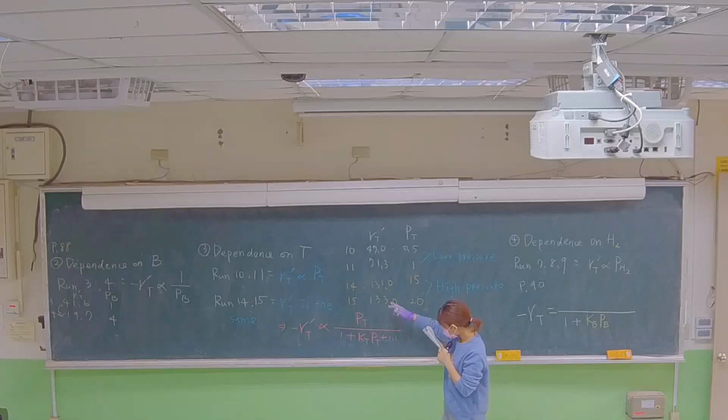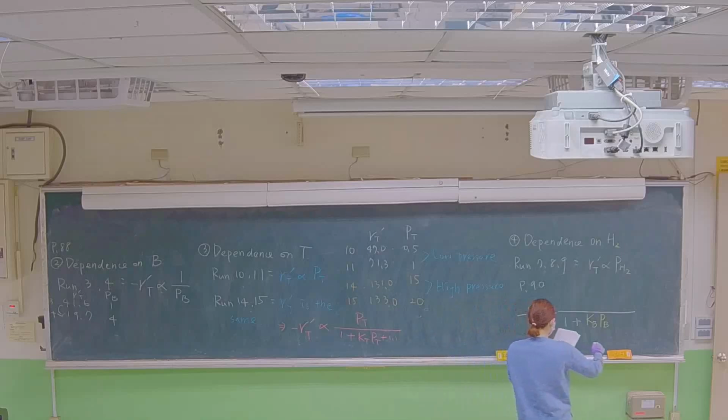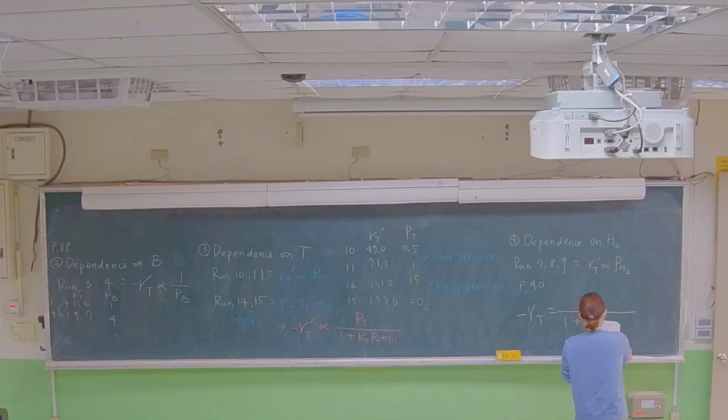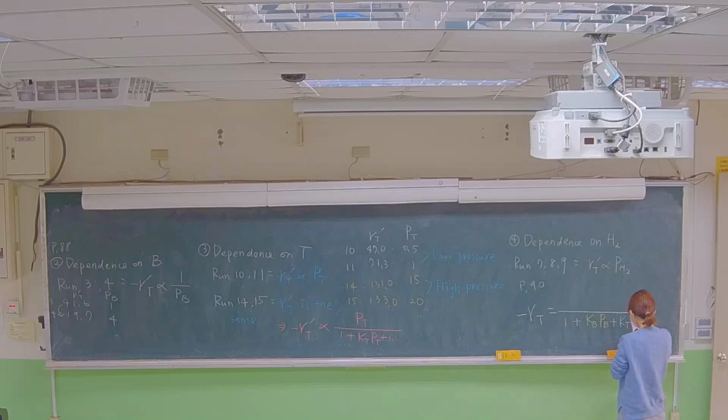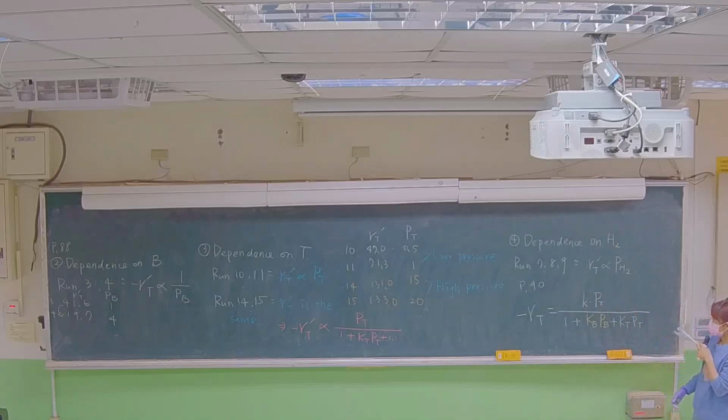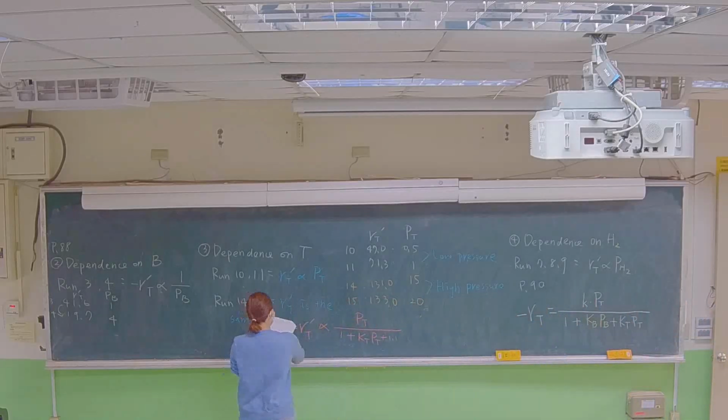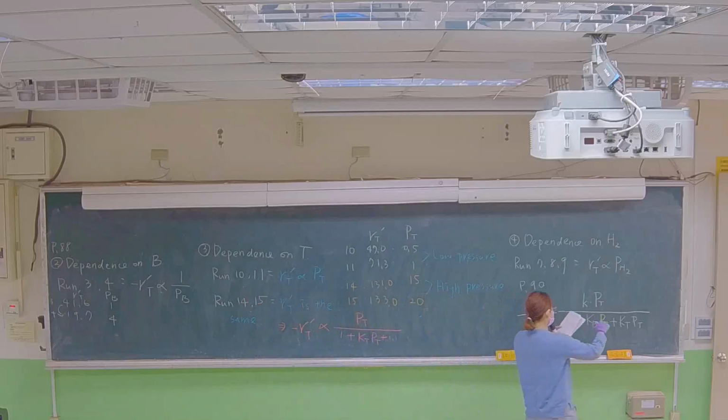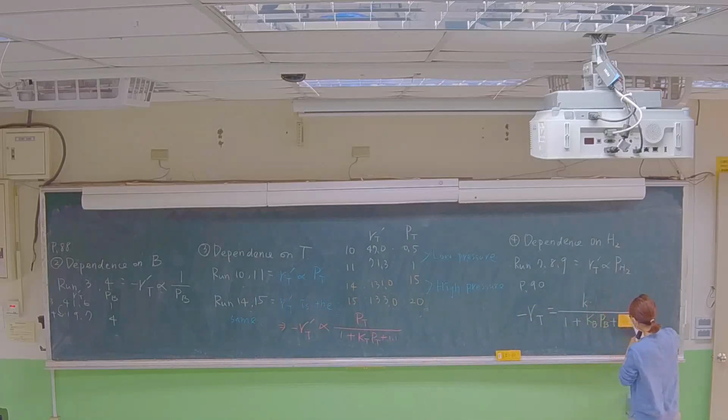And for toluene, Pt appeared here and here. So Kt, Pt, and also Kpt. Maybe I should use blue color if that is better for you.